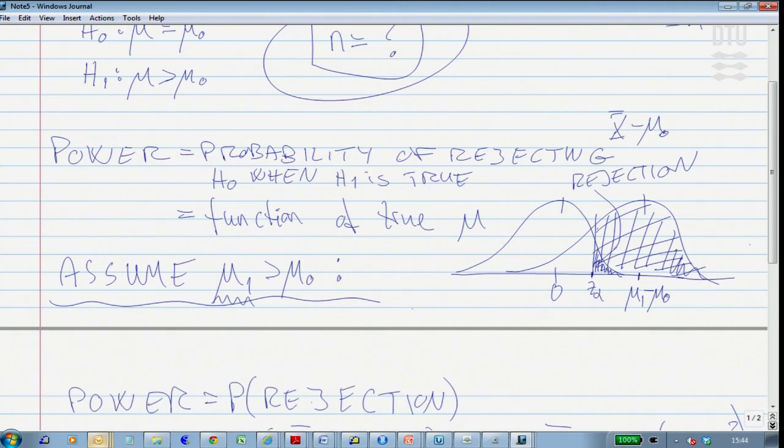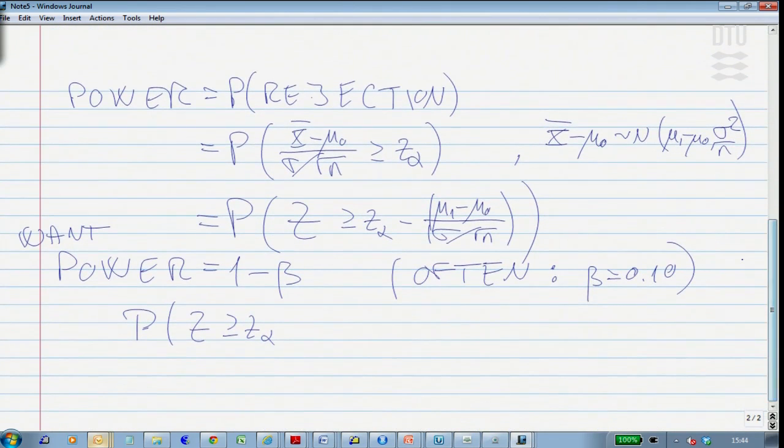So I can get the probability I want just by letting n increase. So I want this probability here, sigma over root n, for instance, I want this to be 0.90, for instance, right?